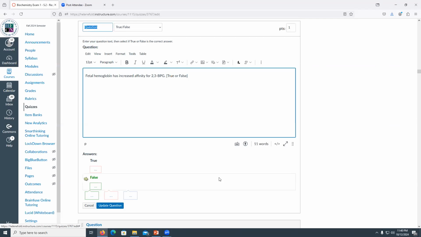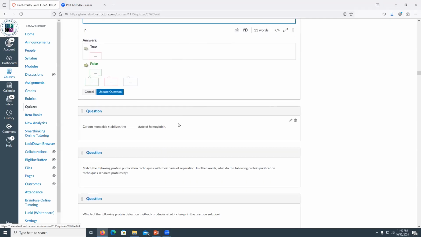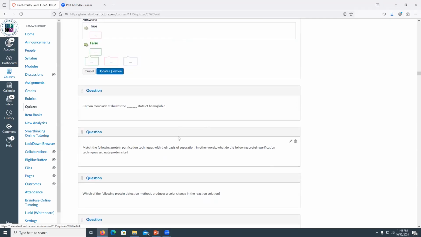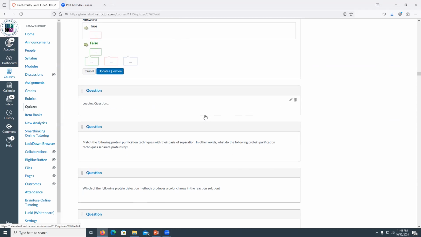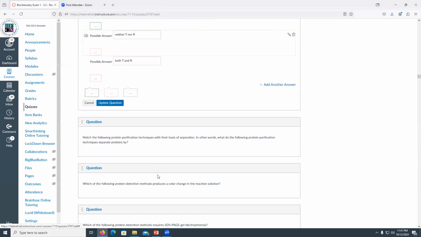It does not have an affinity for 2,3-BPG. That's why it holds on more to the oxygen. It's better for storage than adult hemoglobin. Carbon monoxide stabilizes the R state. It does not allow hemoglobin to bind to the T state.